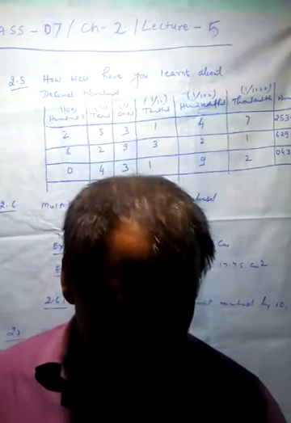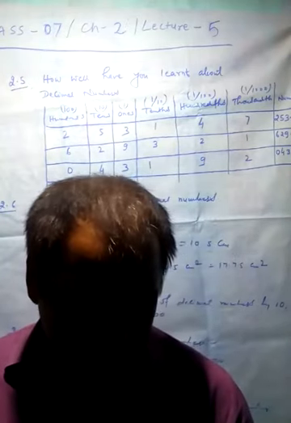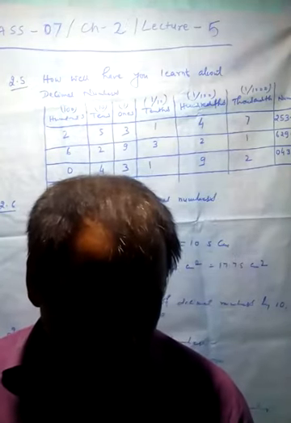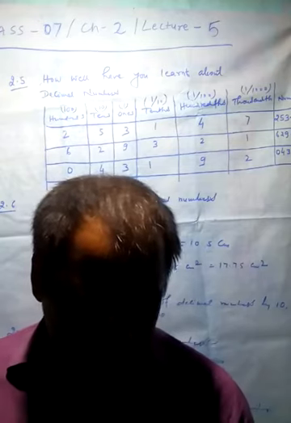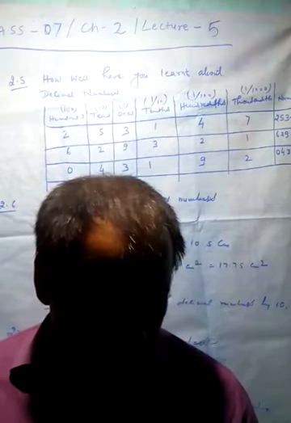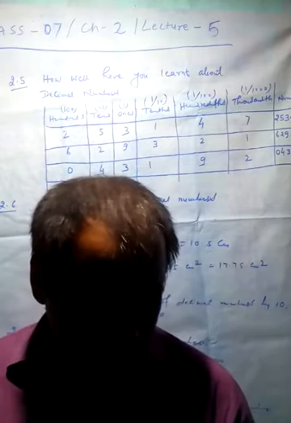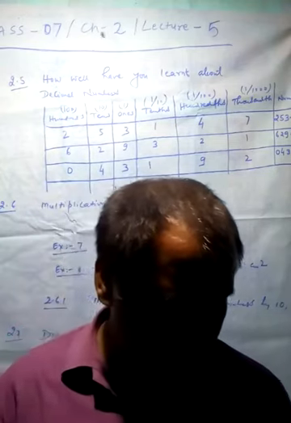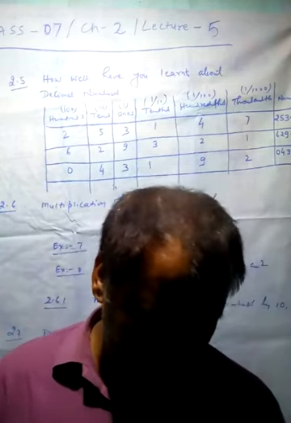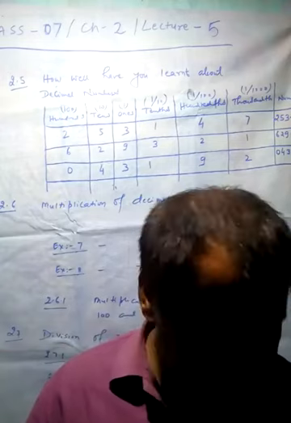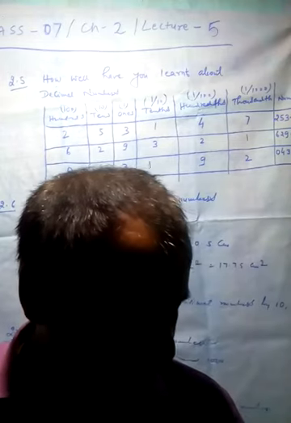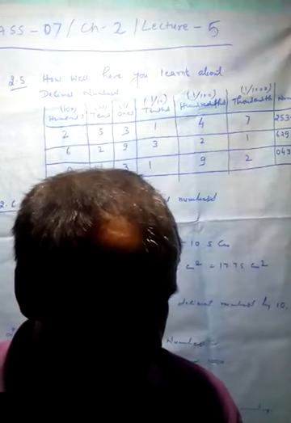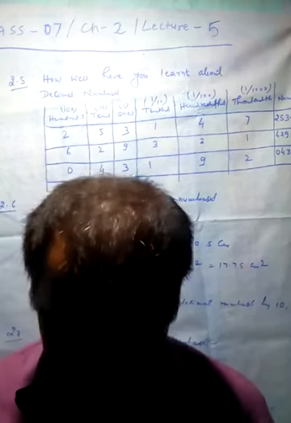You might have noticed that first we multiplied them as whole numbers, ignoring the decimal point. In 0.1 into 0.1 we found 1 into 1. Similarly, in 0.2 into 0.3 we found 2 into 3.